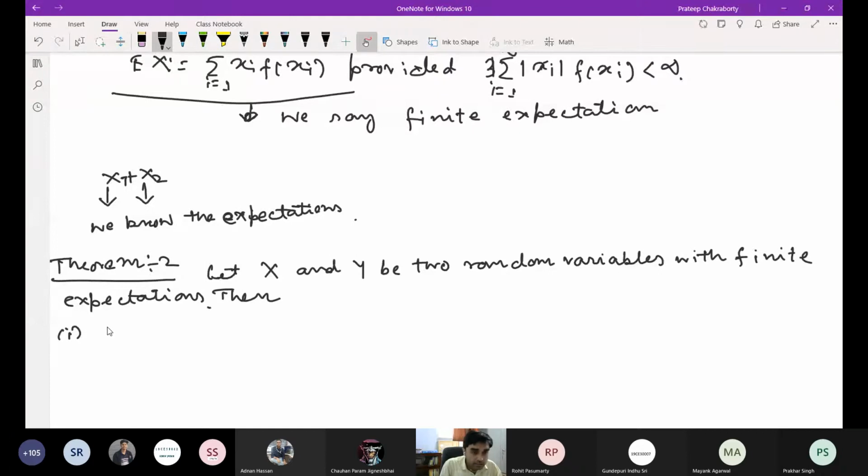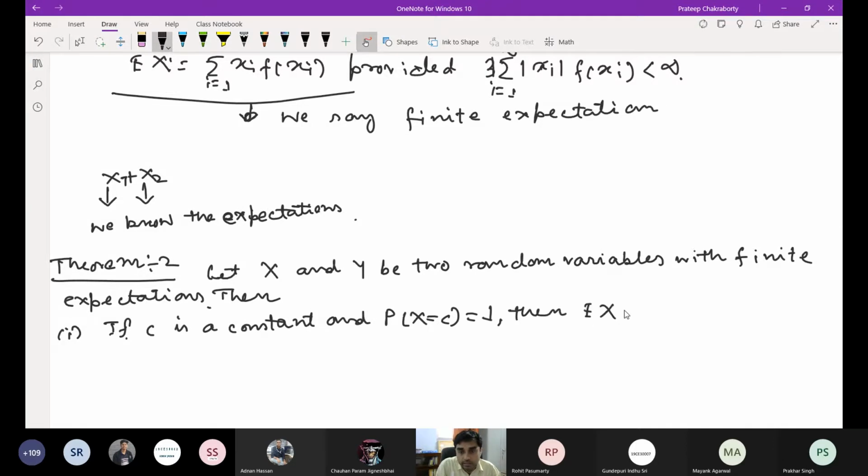1. If c is a constant and P of x equal to c is 1, then E of x is equal to c. 2.